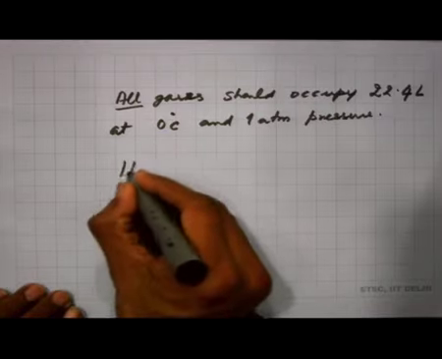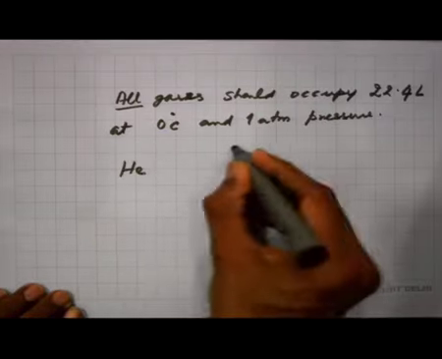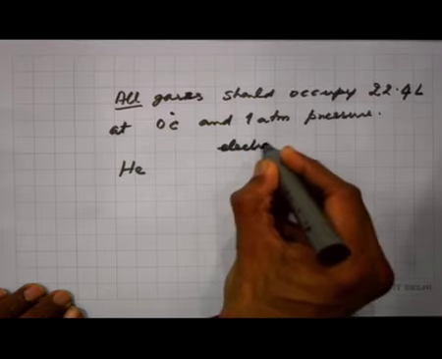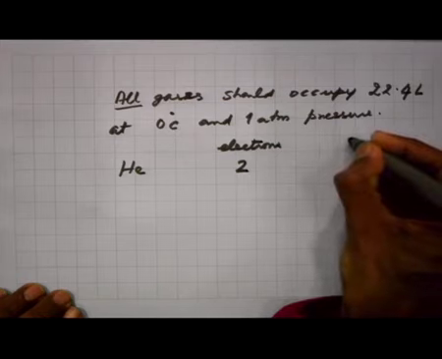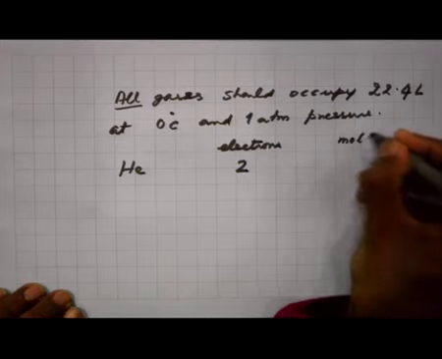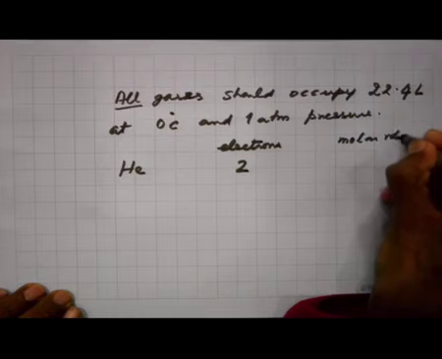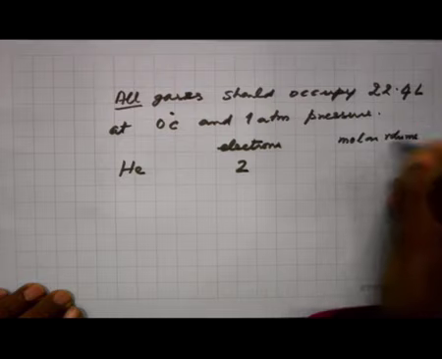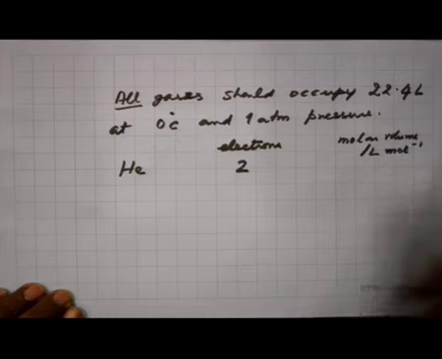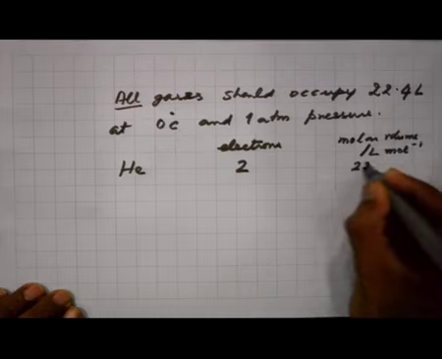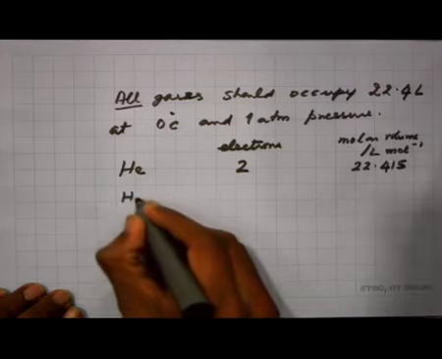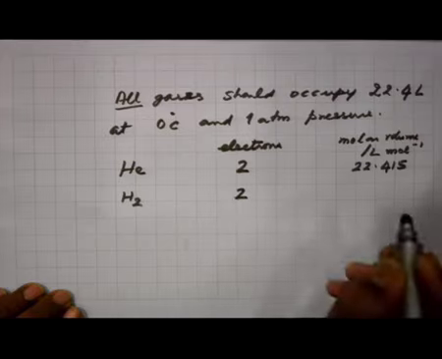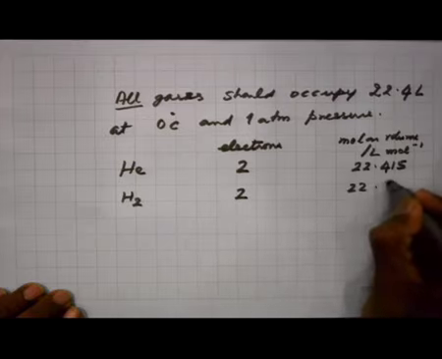Here is a molecule, here is helium. I am just writing the number of electrons in the molecule, 2 electrons, and the molar volume in liters per mole, that is 22.415. If I looked at hydrogen, which also has 2 electrons, it is 22.428.